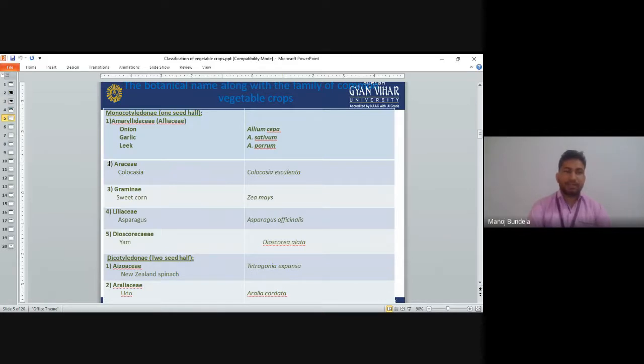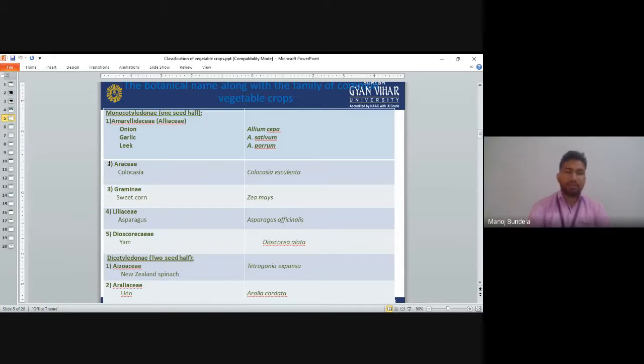Next is Araceae, with one crop, colocasia, Colocasia esculenta. Next is Gramineae, with sweet corn, Zea mays. Liliaceae includes asparagus, Asparagus officinalis. Dioscoreaceae includes yams. All yams belong to the Dioscoreaceae family, for example Dioscorea alata.